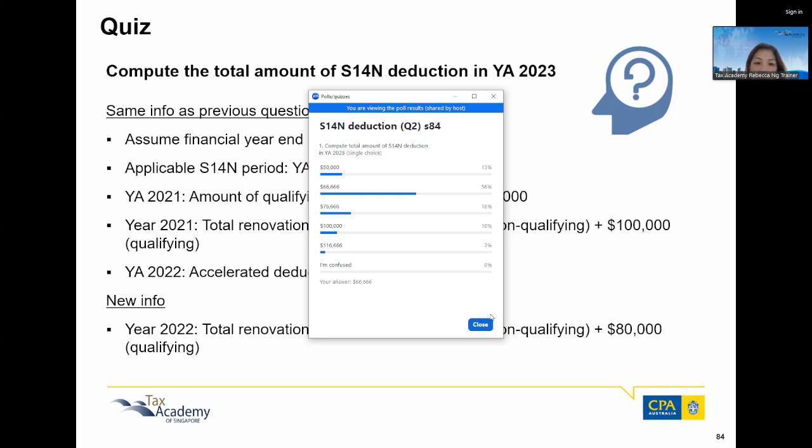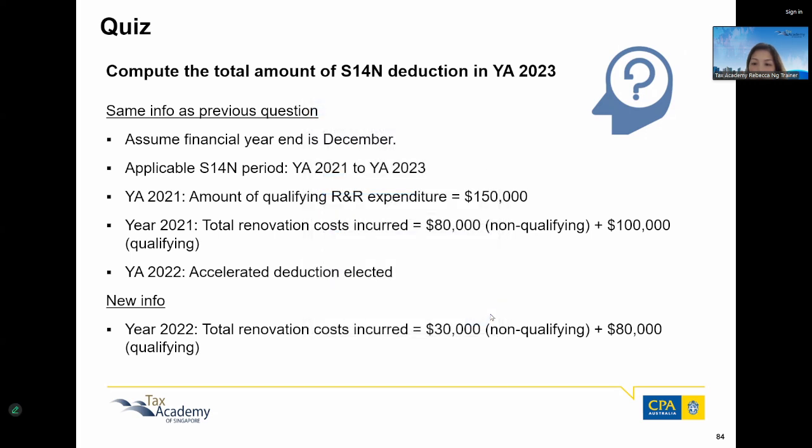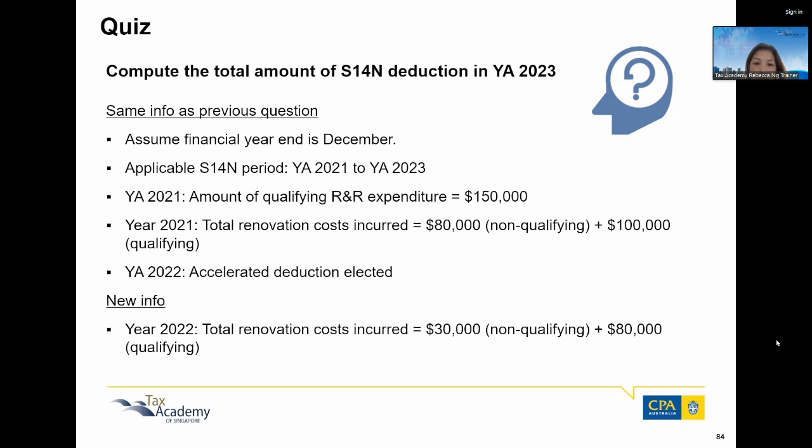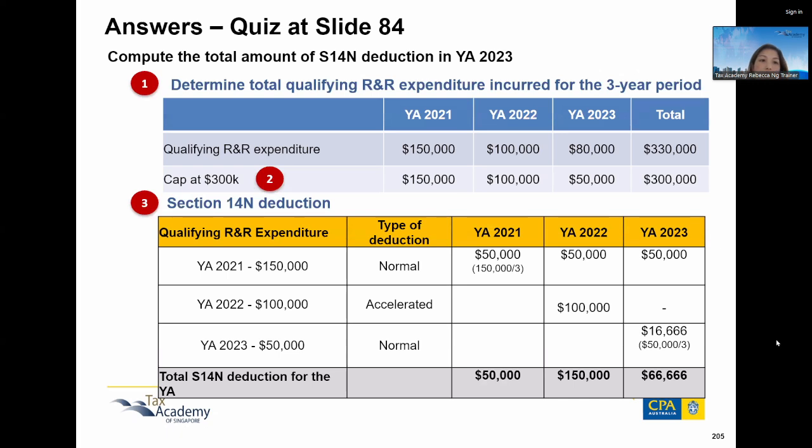Right, the answers for this are in slide 205. We'll go through slide 205. Just now we have computed YA 2021 and 2022.